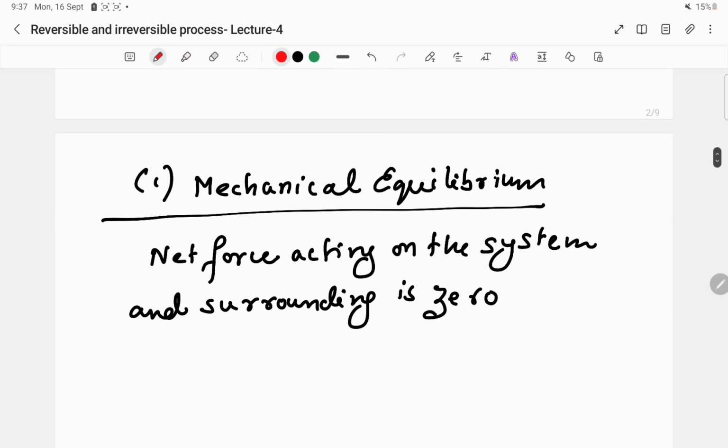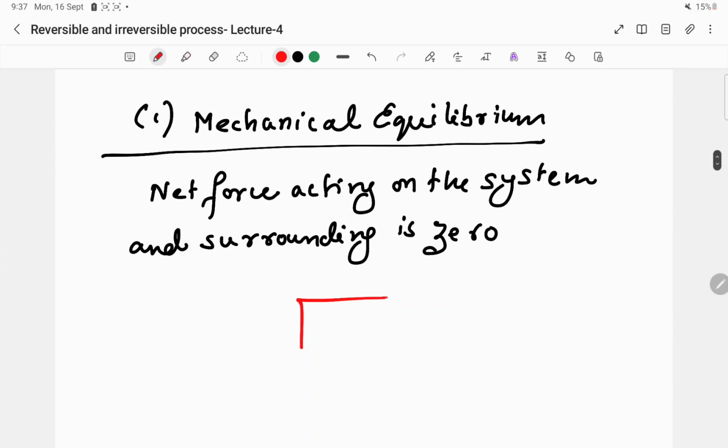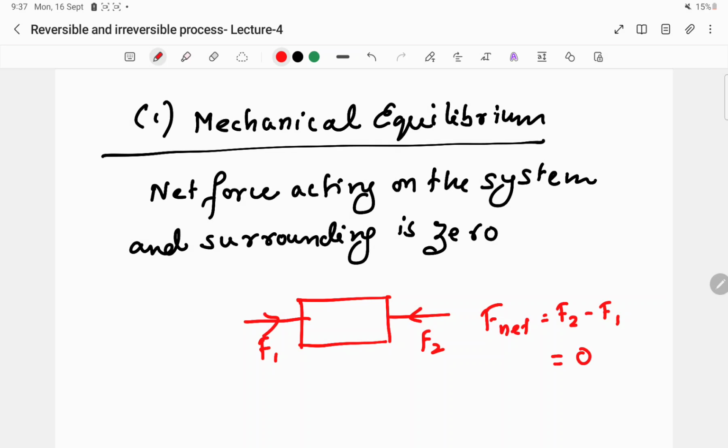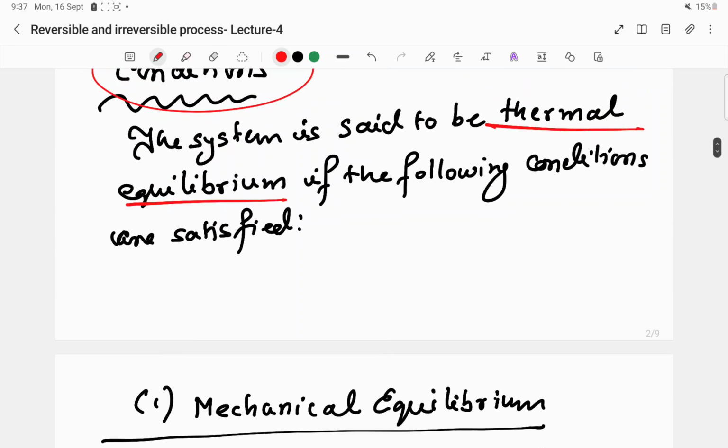First one is the mechanical equilibrium. Let's say you are applying force F1 or force F2. If F net, F2 minus F1 or F1 minus F2, is 0, it means F1 is equal to F2, then the system is said to be in mechanical equilibrium.